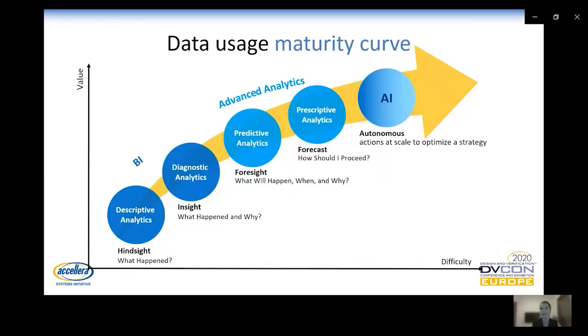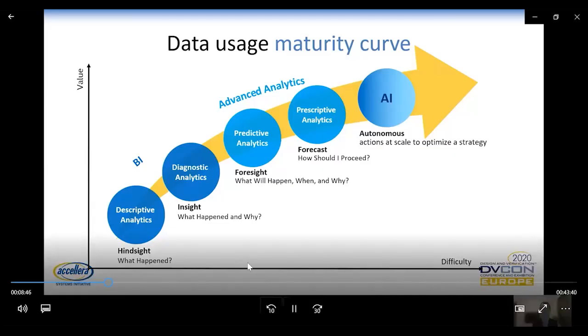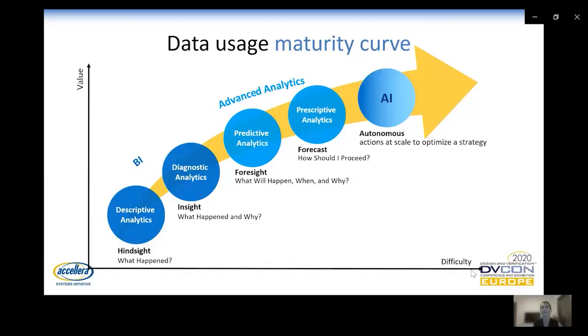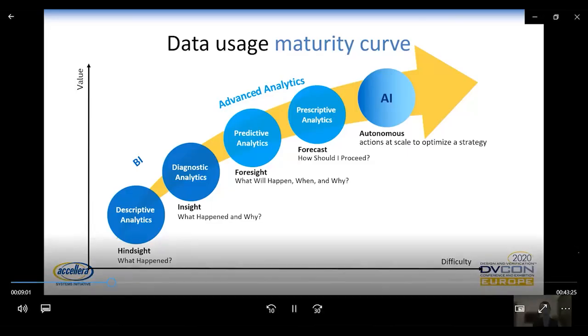When we're talking about artificial intelligence applications or capabilities, we not only have the ability to predict what will happen and what is the next best action, but we actually have a system or an application that knows how to apply those actions in an autonomous way, meaning that we can operate there.